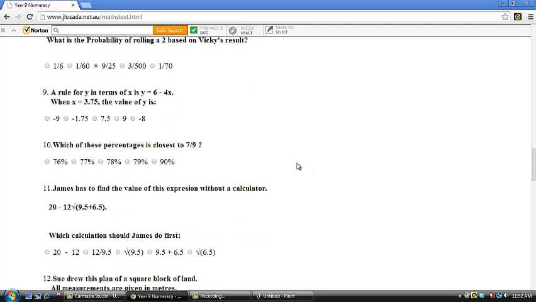Now question 9 states a rule for y in terms of x is y equals 6 minus 4x. When x equals 3.75, the value of y is. So let's have a look at that.